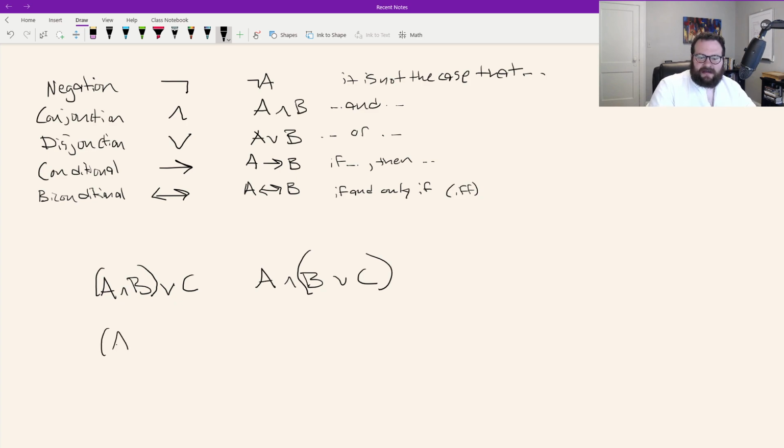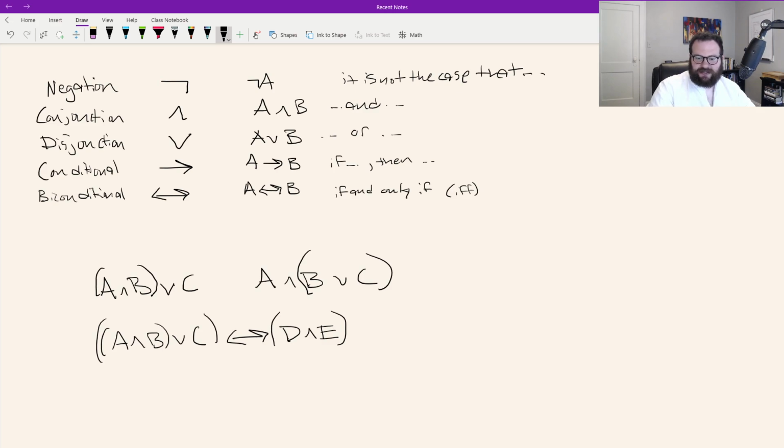I could say (A and B) or C if and only if, let's say, D and E, okay? Now, best practice is to use parentheses whenever you can, right? So maybe I'd put parentheses here to show that these are separate, right?